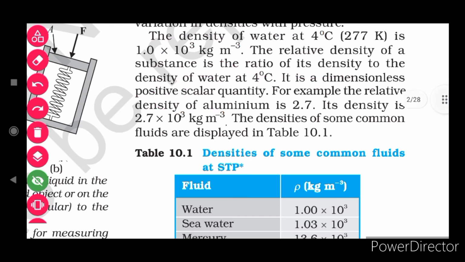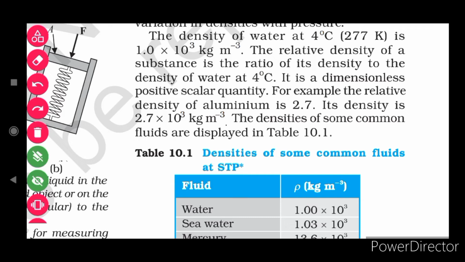And we have another very basic, common concept: relative density. It is also called specific gravity, not mentioned here in NCERT, but it is also called specific gravity. As the name suggests, it is the density of a substance relative to what?